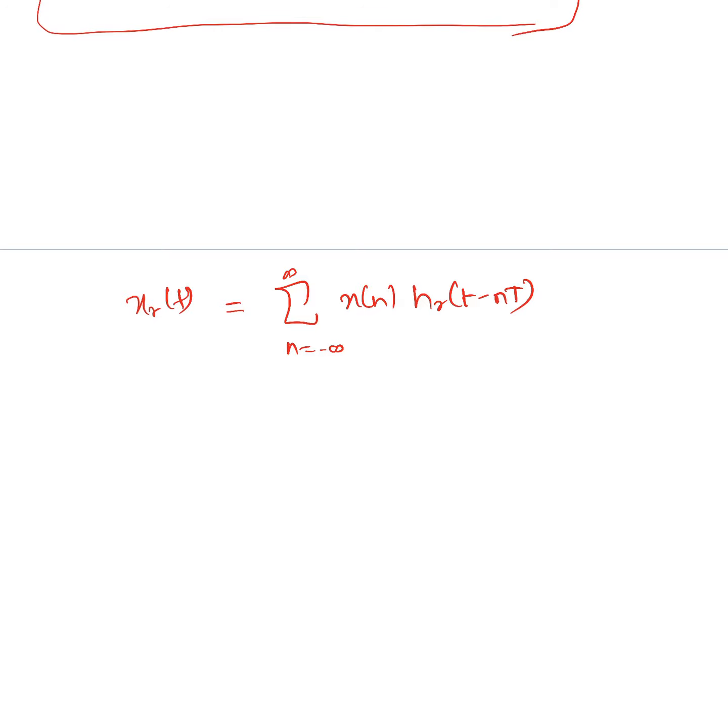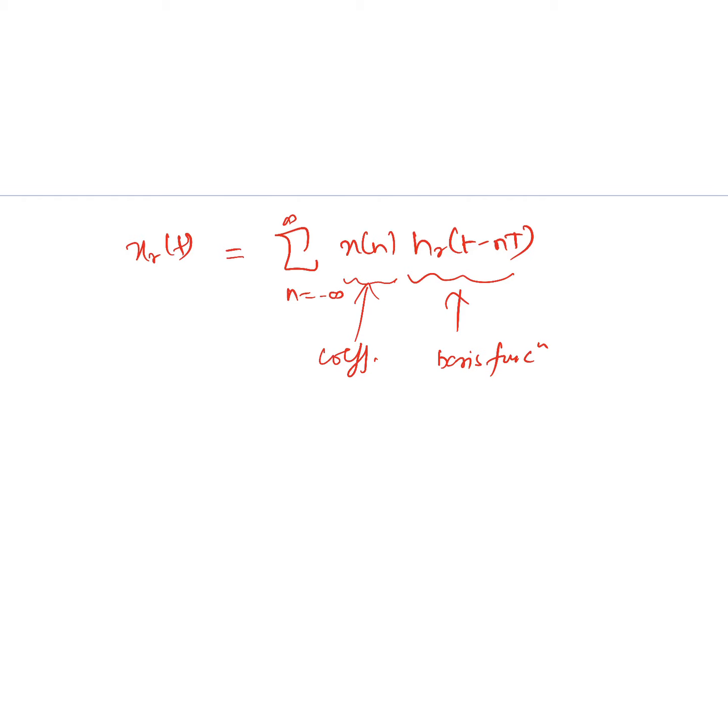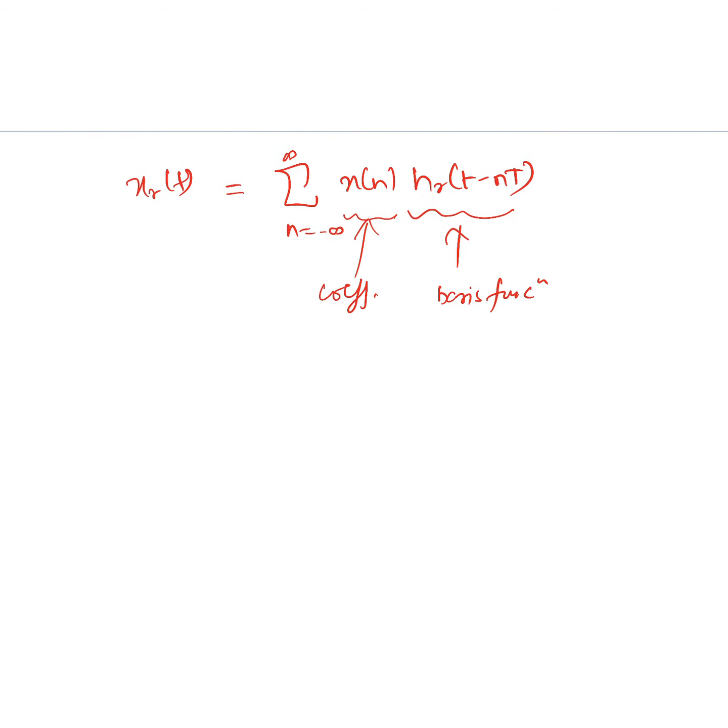If you closely look at this equation, it can be visualized as the continuous time signal in terms of a linear combination of this basis function, with the samples x[n] playing the role of the coefficients. Let me write this equation by explicitly writing this summation.